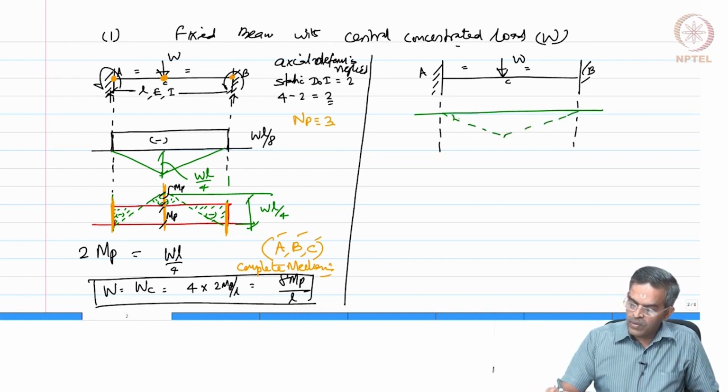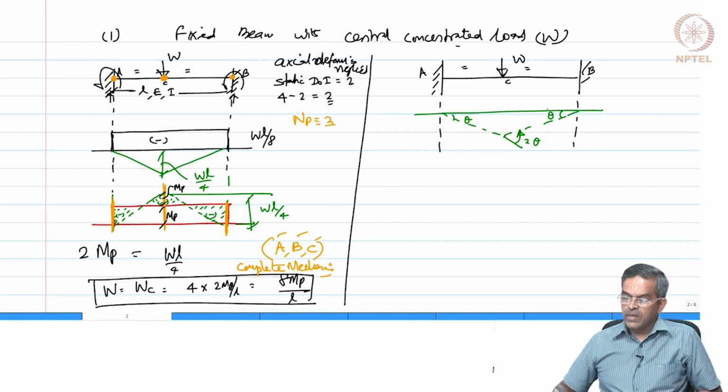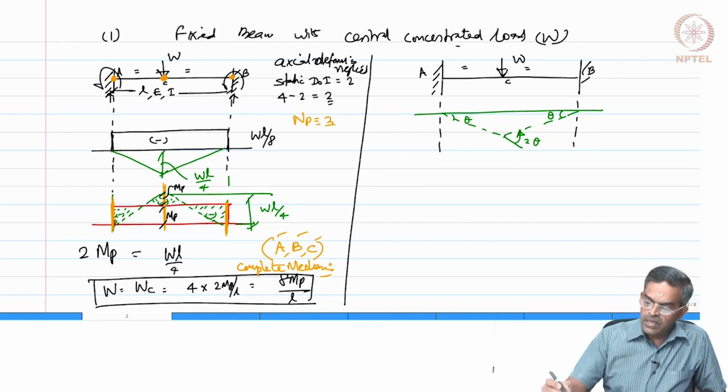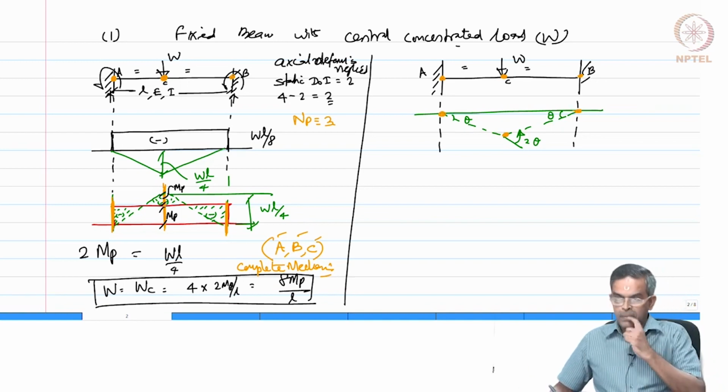So, I have one rotation here, another rotation here and another rotation here. By symmetry you will see this is 2 theta, is it not? So, I need 3 hinges. Let us assume the hinges here, here and here, which are marked in this figure also.